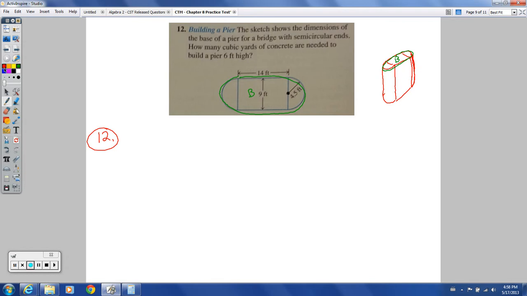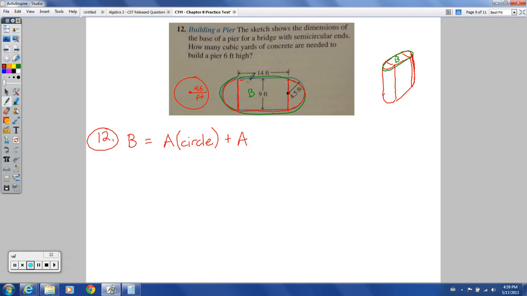So for the area of the base, this B part, notice here I have a half circle and another half circle. If I put them together, I get a whole circle. What's the radius of that whole circle? It's 4.5 feet. So the capital B, the area of the base, is going to be the area of the circle plus the area of the rectangle right here.